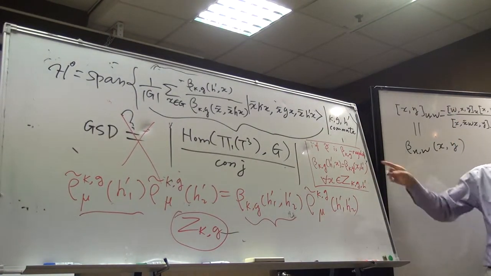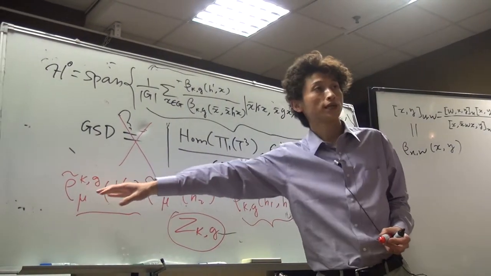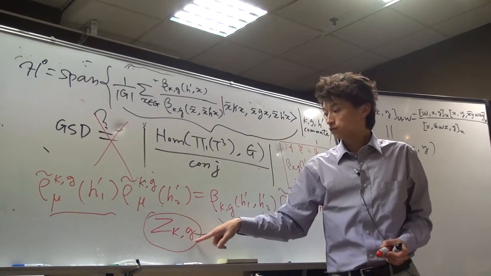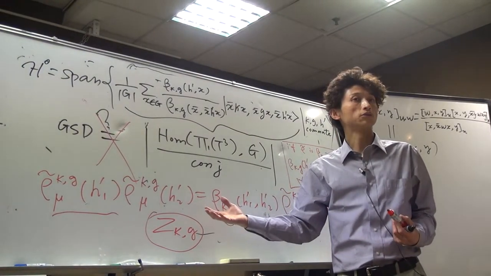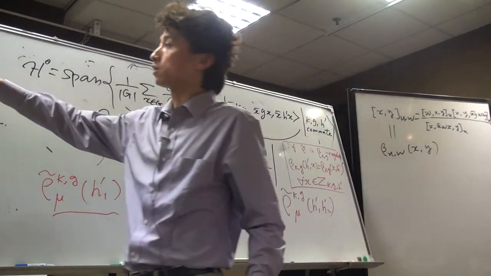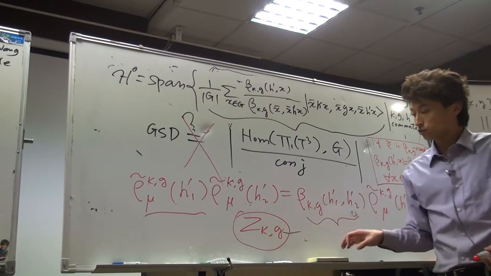So this is the beta regularity of the projective representations of the centralizer of K and G. You know the centralizer group, right? This basically means all the group elements in the original group G that commute with these two guys, K and G.